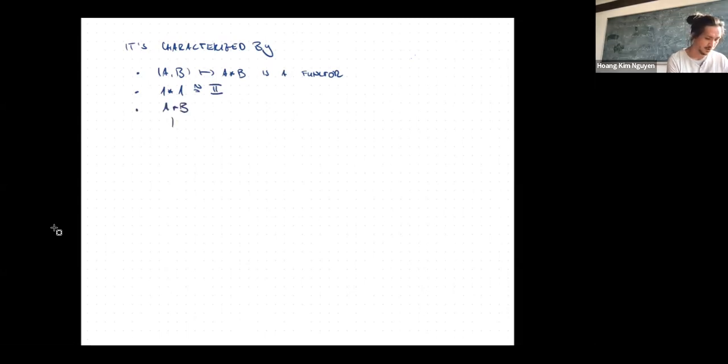So we have this isofibration. I'm just collecting all of the information. And we have canonical pullbacks.